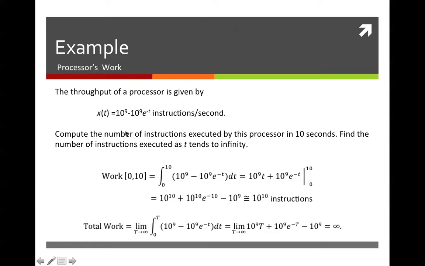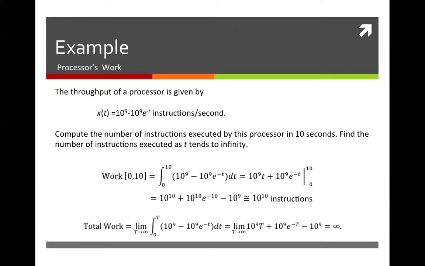So to compute work, for example, between time 0 and time 10, we take this function and simply integrate it to compute the work function. We integrate it, get this function out of the integration, and now we substitute the values of 10 and 0, and that gives us about 10 to the 10 instructions total that we get to execute in 10 seconds.